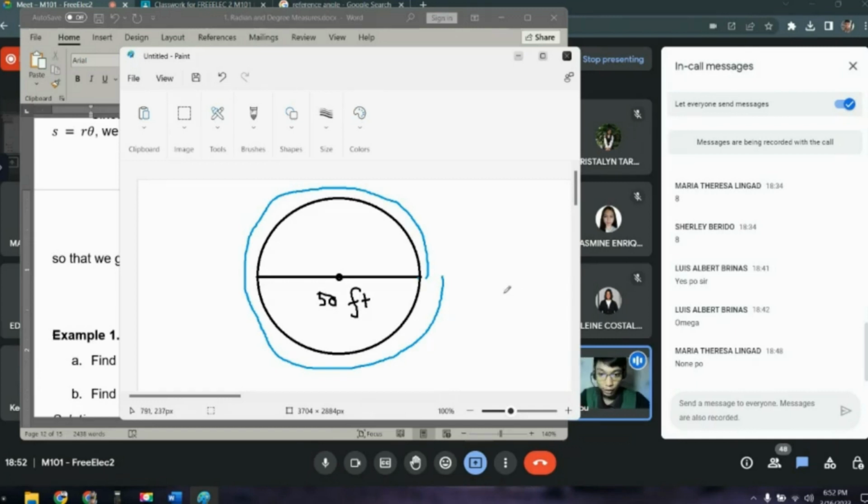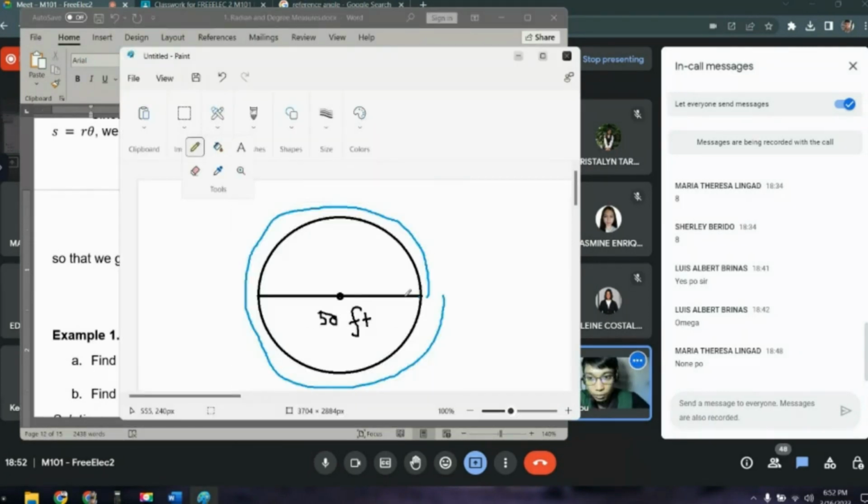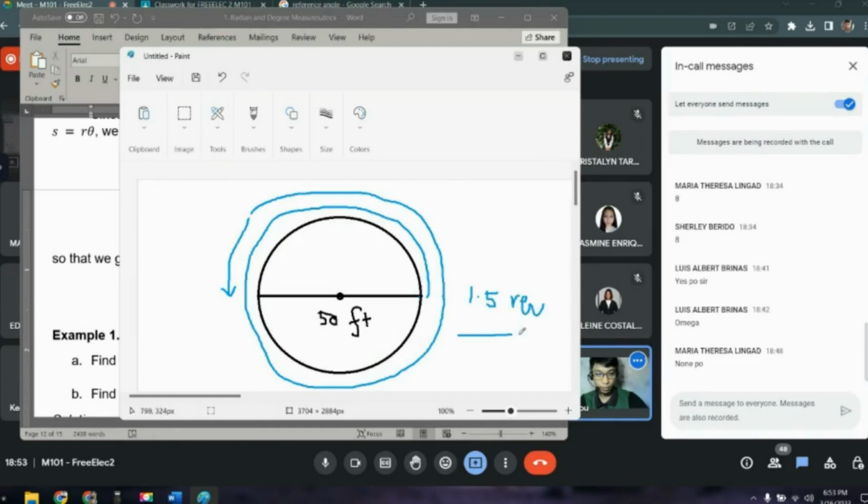Okay, that's one revolution already, right? 1 revolution and a half. Okay, 1 revolution and a half. 1.5 revolutions over 0.5.